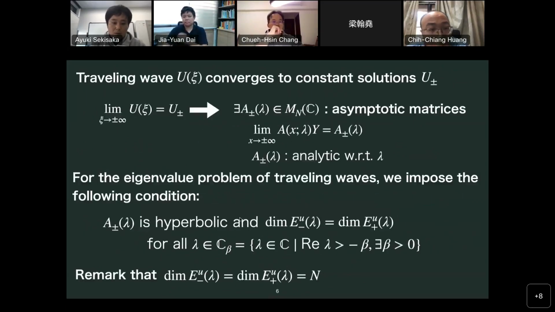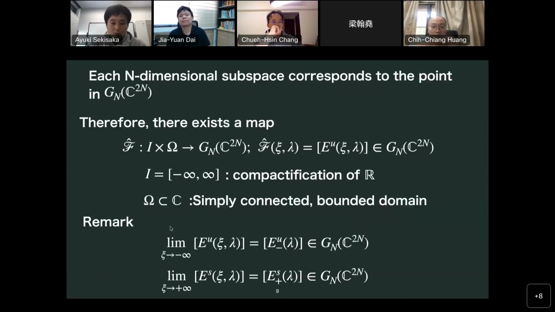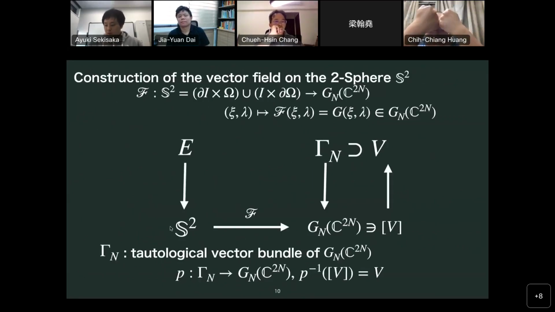Here, we have stable and unstable subspaces with respect to A plus or minus lambda.